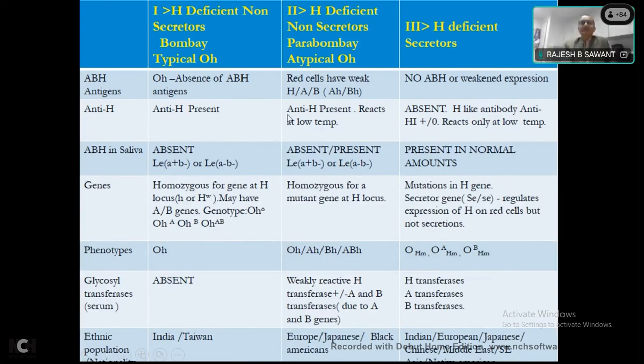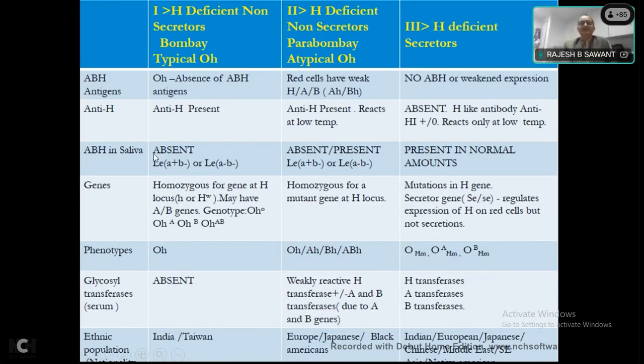Okay, this is just a table for reference because you may have a typical Bombay phenotype. At times, these Bombay individuals may have some amount of A substance or B substance or some H substance also. So they are para-Bombay phenotype, and there are some H deficient secretors also.